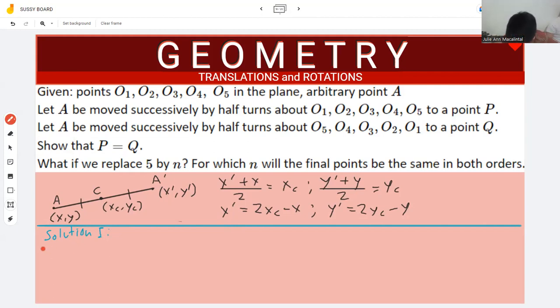So if A, the very original starting point, be at 0, 0, the origin, and O1 is x1, y1, O2 is x2, y2, etc.